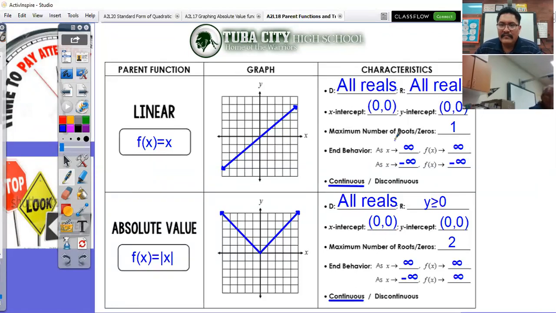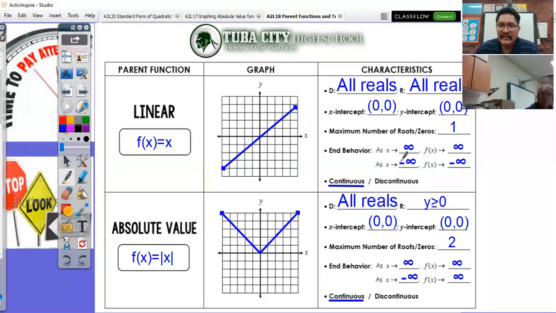And then we also have end behavior. So as x goes to infinity, and what this means is as you go to the right, the y value will also go up. So as x goes to infinity, the line is going up, and that's how you would read that. So it goes up towards infinity.